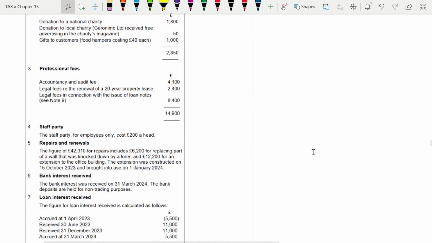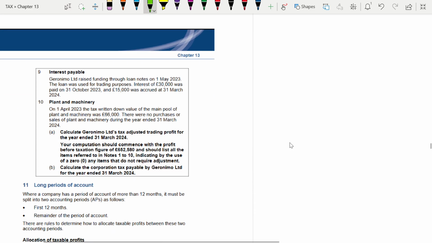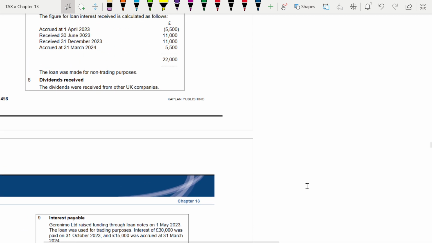Calculate Zeronemo Limited's tax adjusted trading profit for the year ended 31st March. We have to start with 652,580. They will give you the items, and you should list all items. Even if there is nothing, you have to mention 0. Then calculate the corporation tax payable for the year ended 31st March.